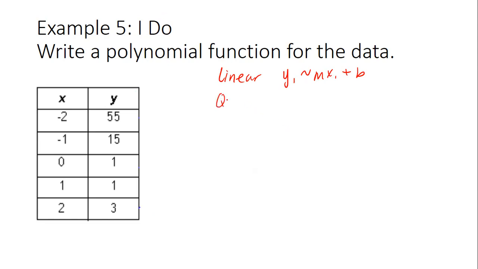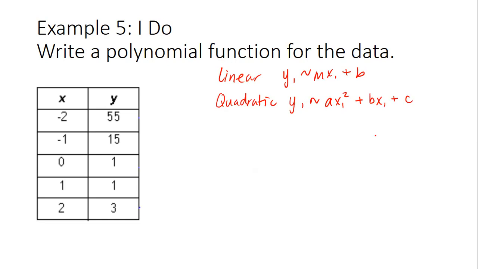Now when we go to quadratic, it's still y sub 1 tilde, and it's going to be ax1 squared plus bx1 plus c. After quadratic, all other degrees follow the same pattern.